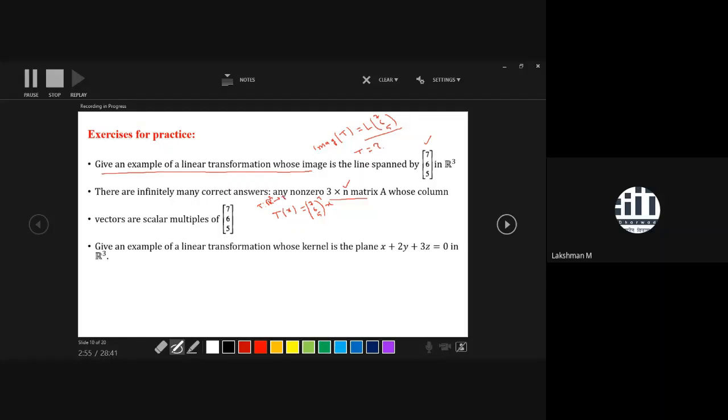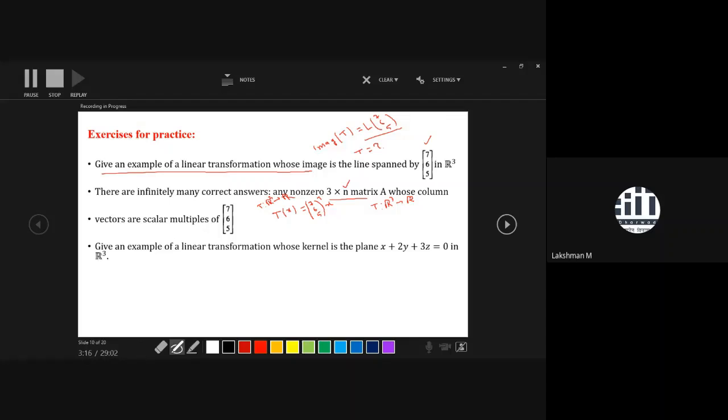That is R3 to R. If you want a transformation from R3 to R3, what would your linear transformation be? It depends upon what kind of target space you are willing to take, so it will vary.